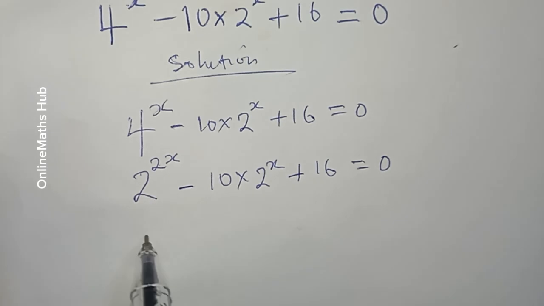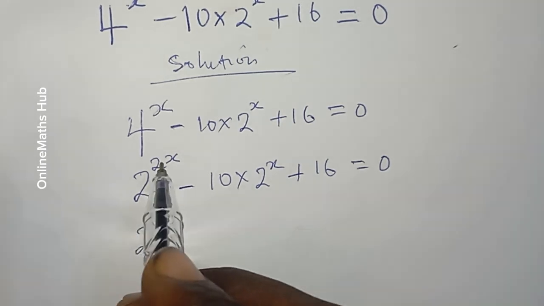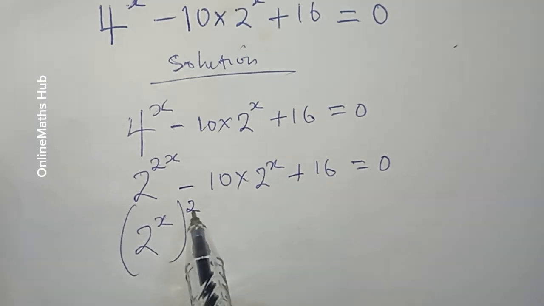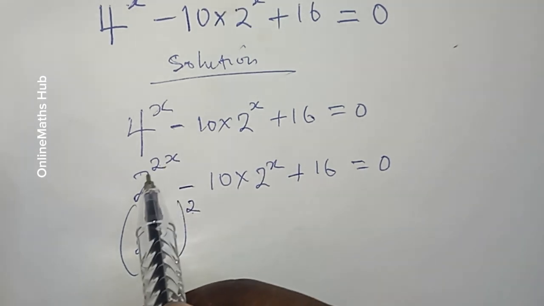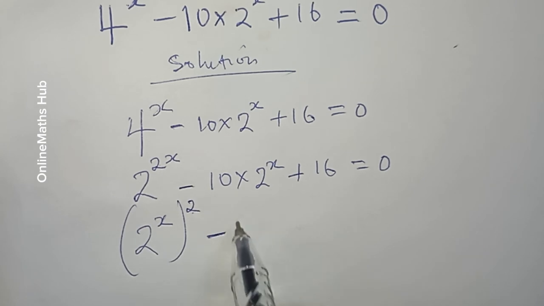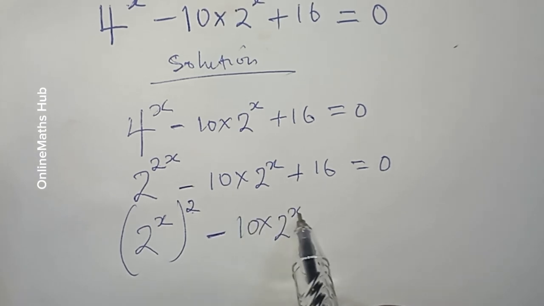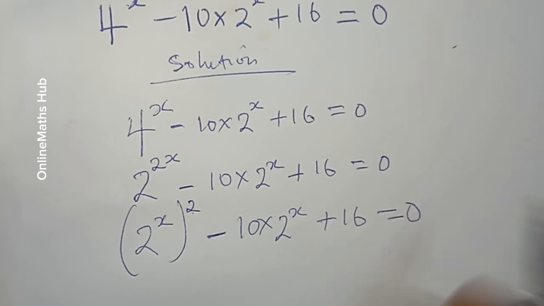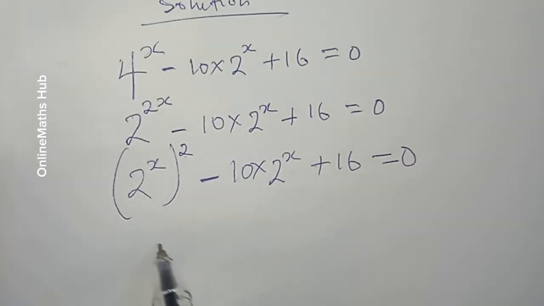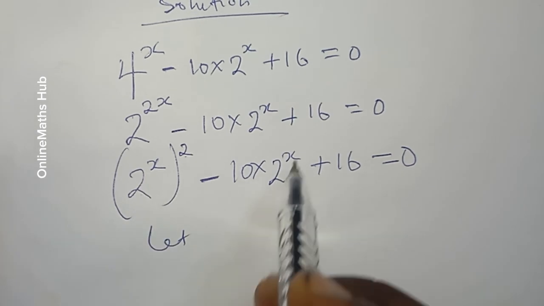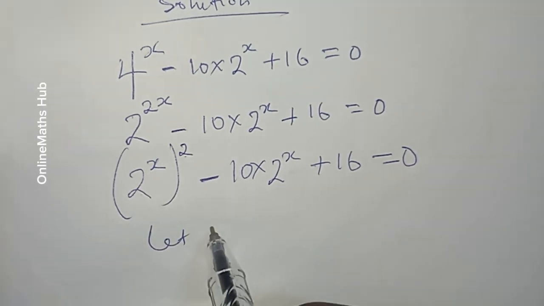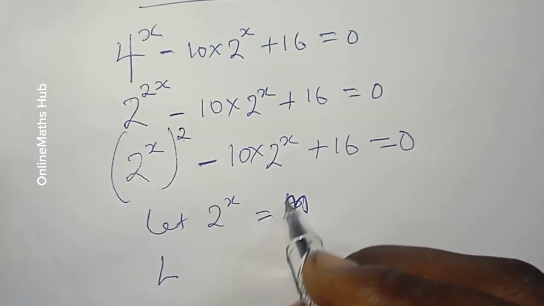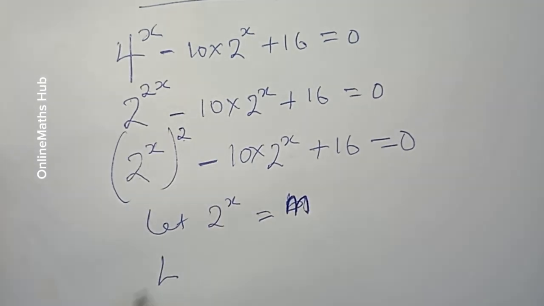We can write this as (2^x)^2. It's still the same, if I multiply the 2 by x, I'm back with 2^(2x). So we have (2^x)^2 - 10 × 2^x + 16 = 0. Next, I'm going to set 2^x equal to another variable, let's say m, so that it doesn't confuse us as we solve.